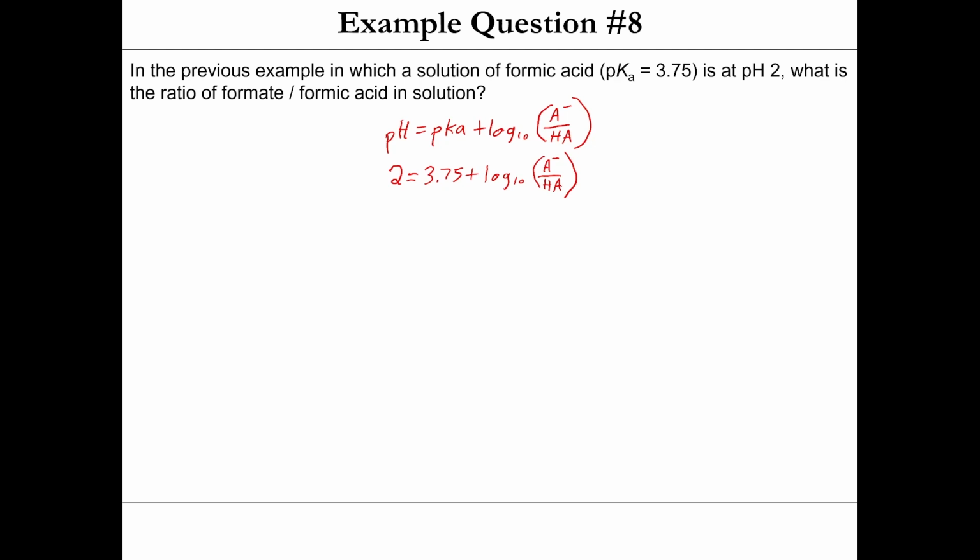So we will subtract 3.75 from each side. This gives us 1.75 equals the log base 10 of A minus over HA.